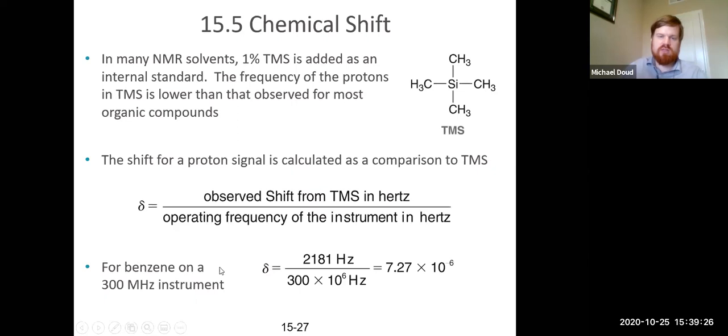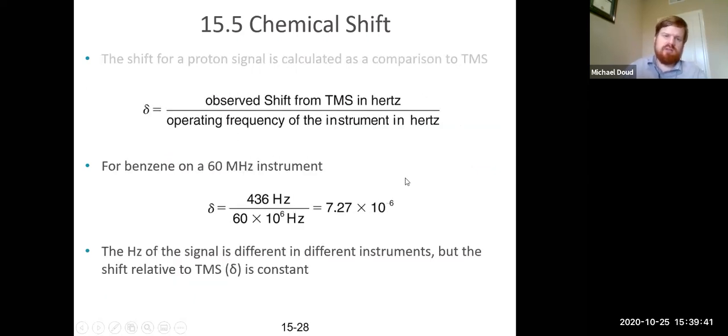Now, if you take benzene on a 300 megahertz instrument, you get a signal at 2,181 hertz. You divide it by 300 megahertz, that's 300 times 10 to the 6 hertz. That gives you 7.27 times 10 to the negative 6. Now, that's not particularly useful. We report these in terms of parts per million, so we're going to drop this 10 to the 6th and end up with 7.27 on our actual scale.